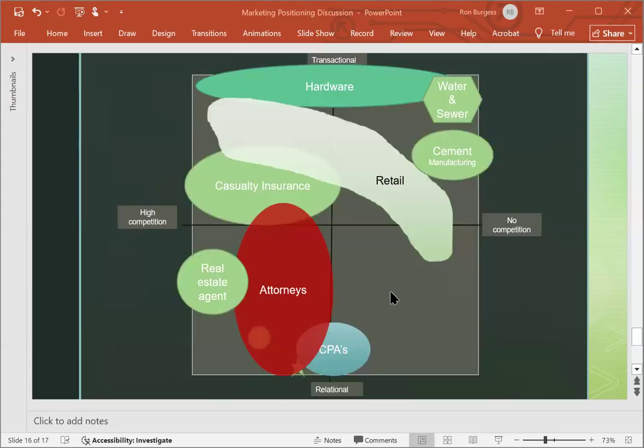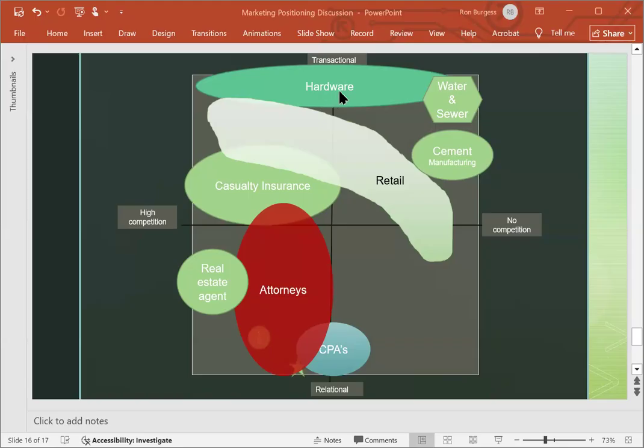Then take a look at how they range. So I did the same as the chart before last, just showing you where they can range. Up in the top, hardware is very transactional. If you're in the hardware business, it could be wholesale or retail.